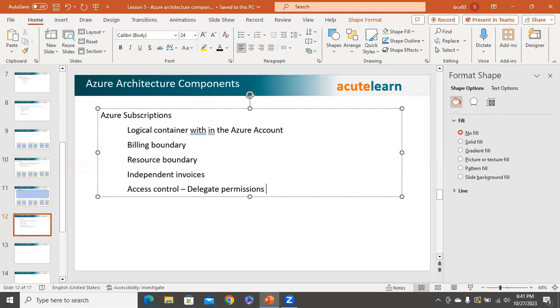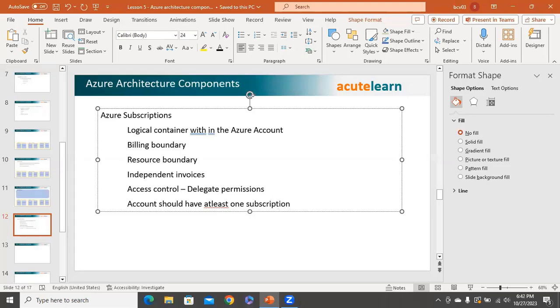So in order to consume the services of Azure, an account should have at least one active subscription.